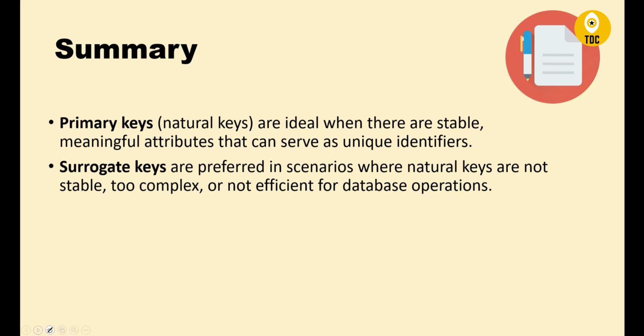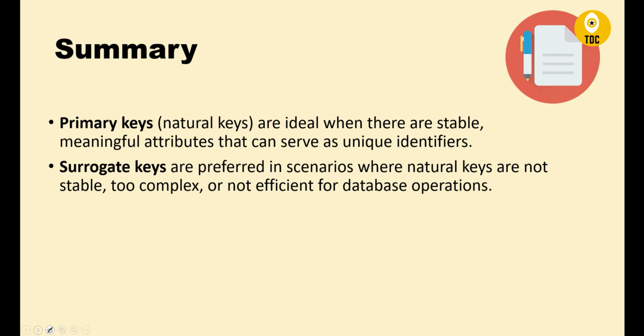In these cases we need to use a surrogate key where a natural primary key is not suitable, but always prefer to go with the primary key first, rule it out considering all the scenarios, and then choose the surrogate key.